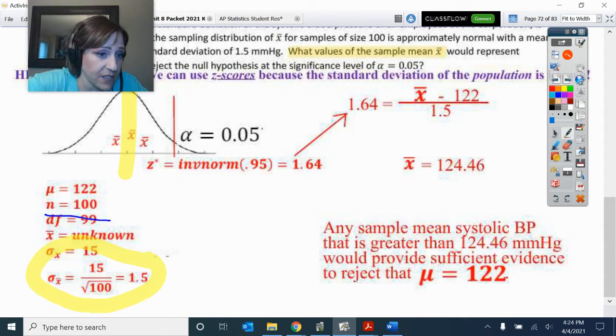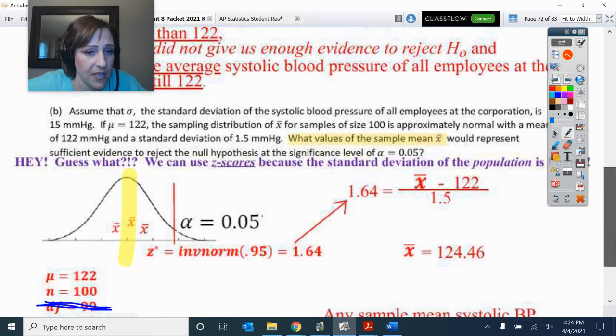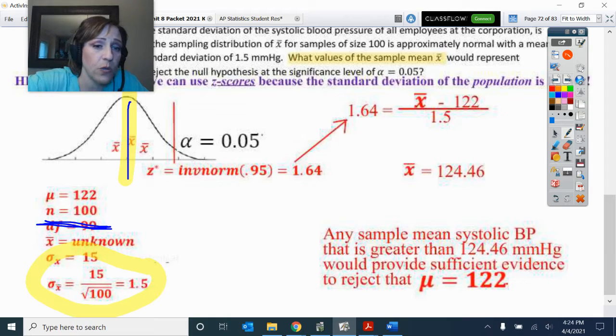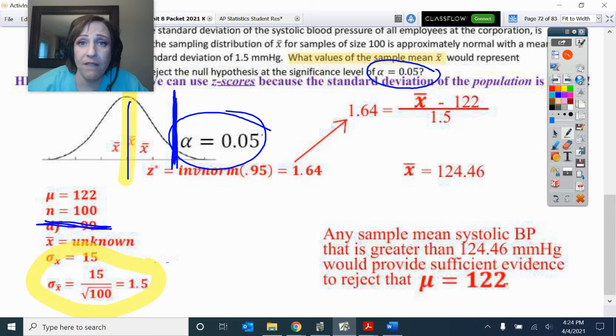And I could take off this degrees of freedom right here because we're not going to be using t curves. So what values of x bar would represent evidence to reject the null? So if the null is true, then they say with an alpha of 0.05, what does this blood pressure need to be in the top 5%?